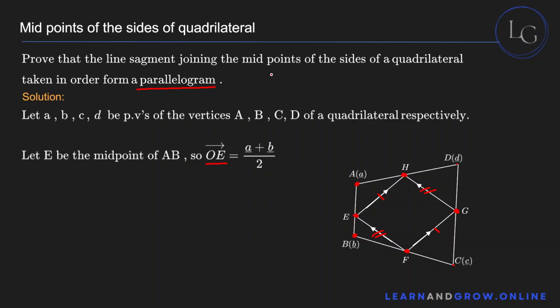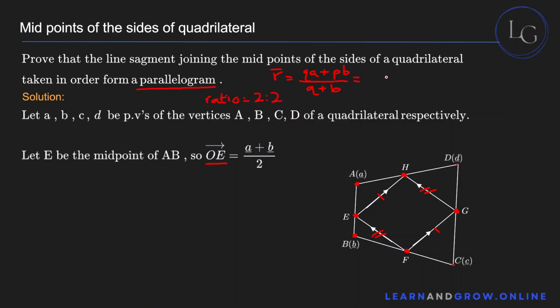Well, you remember that the ratio formula said that R, which is obviously the midpoint in this case, because we need the position vector of E, which is OE over here, R is equal to QA plus PB over Q plus P. Now in this case, since it's the midpoint, the ratio of Q and P is 2:2.